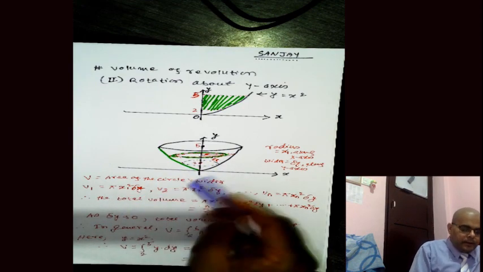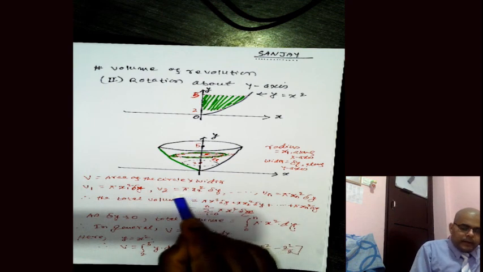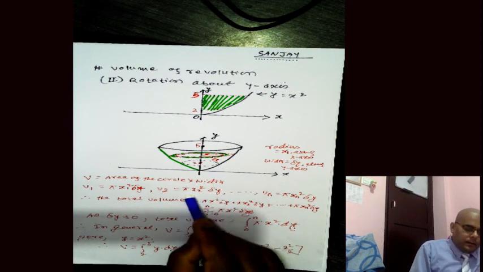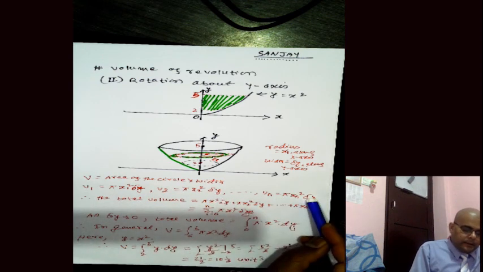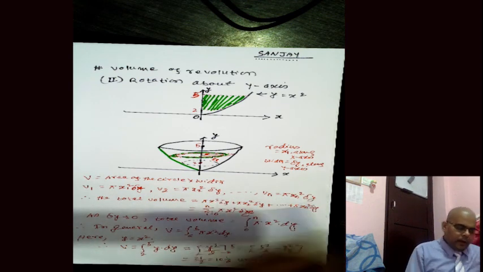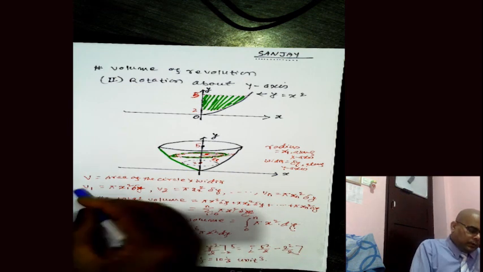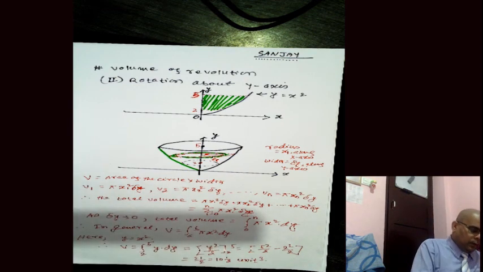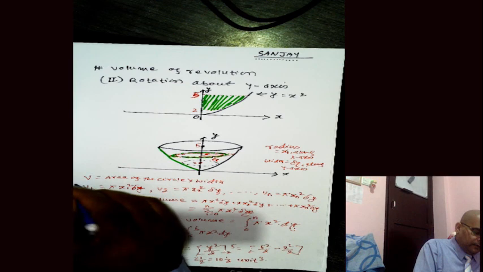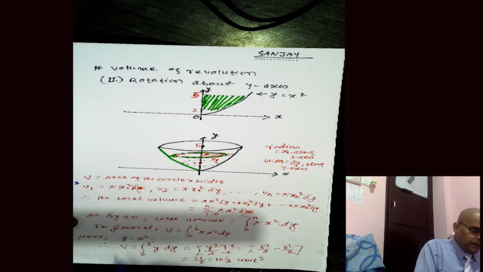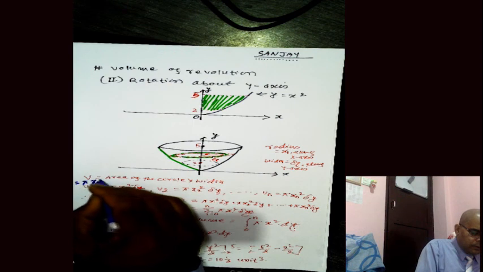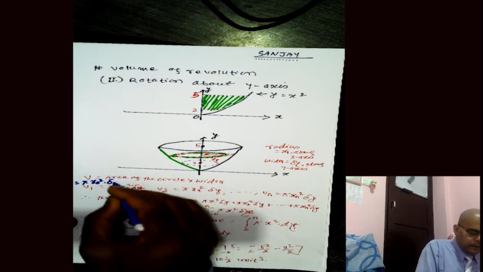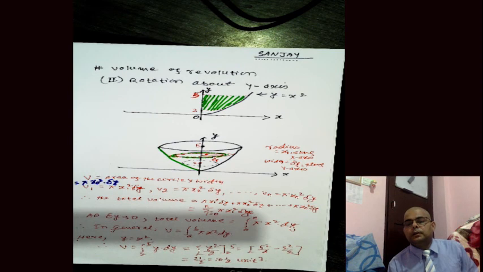Similarly, for the second circular disc the volume is pi x2 squared delta y, and similarly for the nth. If you start from zero, V0 is pi r squared, meaning pi x0 squared, and the width is always delta y, a very small number.